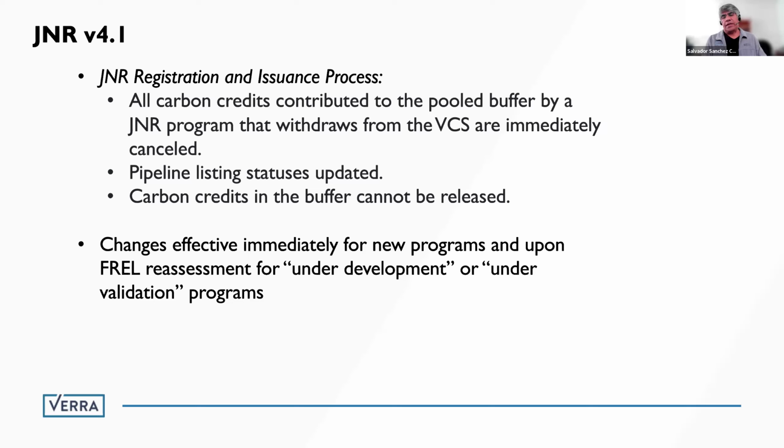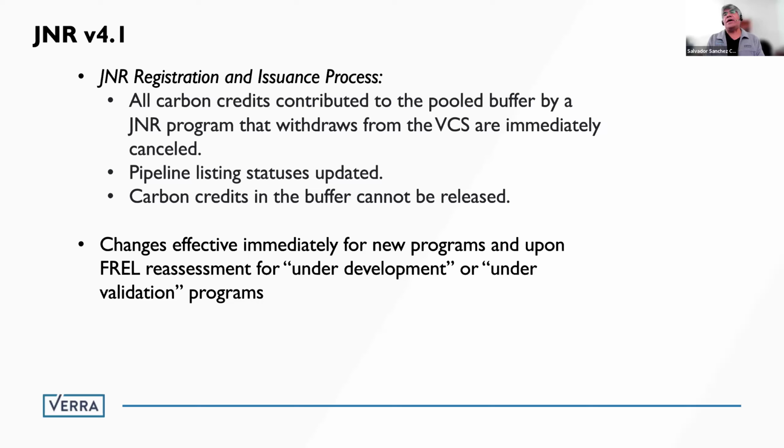Now, you can find the new version of these documents on our website. And something that is important to notice is that these changes are effective immediately for new programs, but for those that are already listed in our registry as under development or under validation, it will be mandatory to adopt these changes upon FREL reassessment.